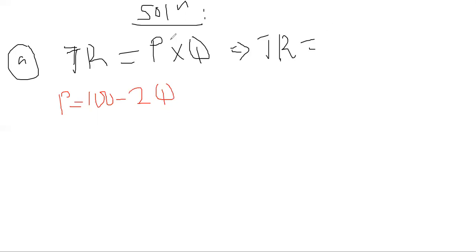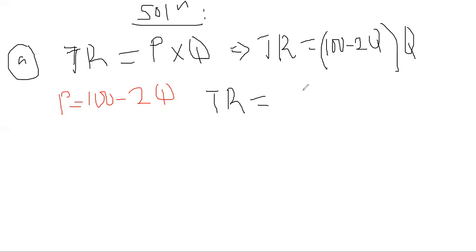So it's the price, which is 100 minus 2Q, multiplied by the quantity, which is Q. So at the end of the day, we'll have a total revenue function like this: 100 times Q, that is 100Q, minus 2Q times Q, that will give us 2Q squared.